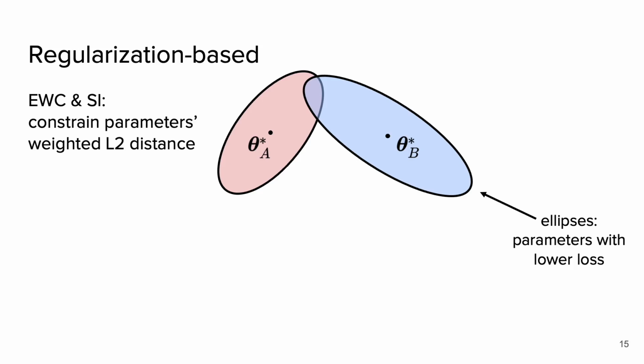This figure illustrates how they work, where the colored ellipses are the parameters with lower loss respectively on the two domains. The central points of the two ellipses are the optimal parameters.